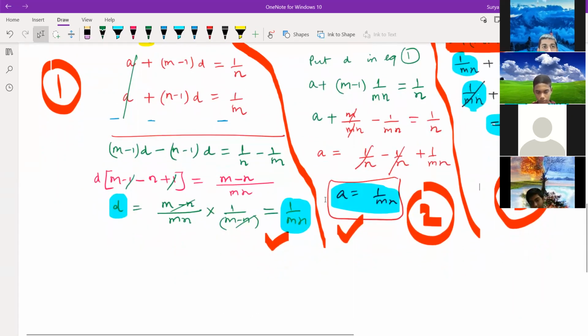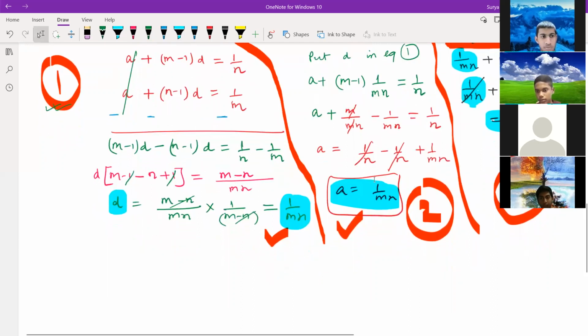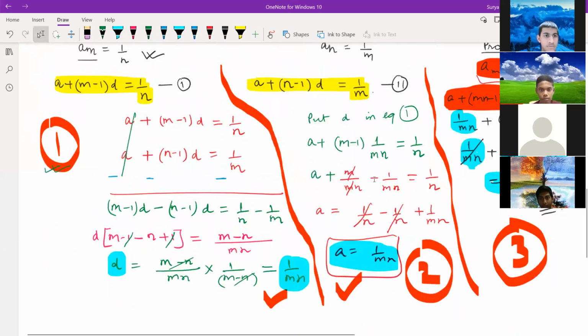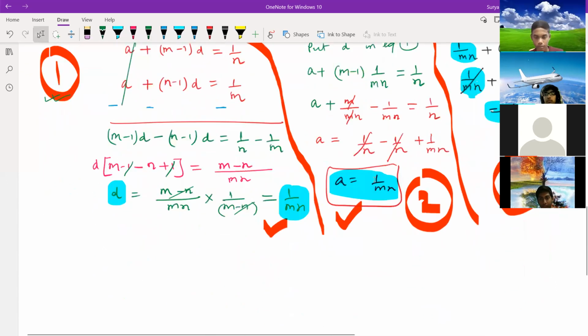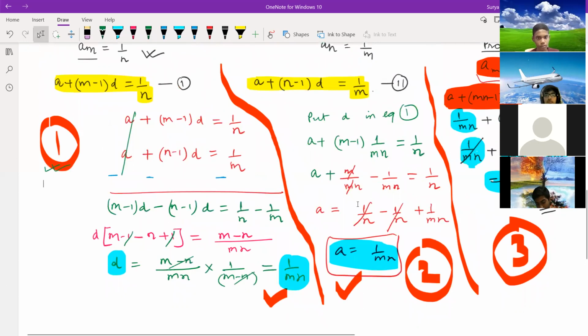Your camera is on, but it automatically goes off, right? Yes, sir. It happened like that. Just now it was on for only 2 minutes, sir. Again it's closing.